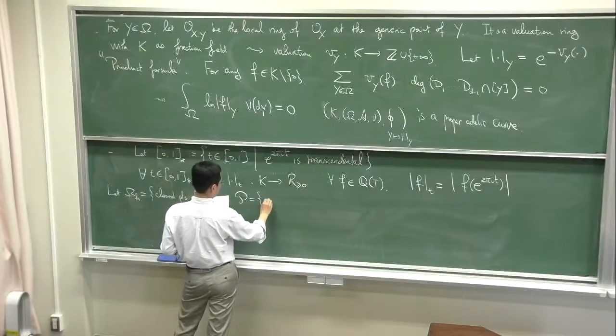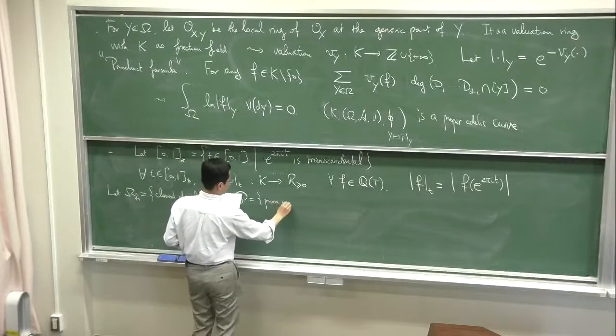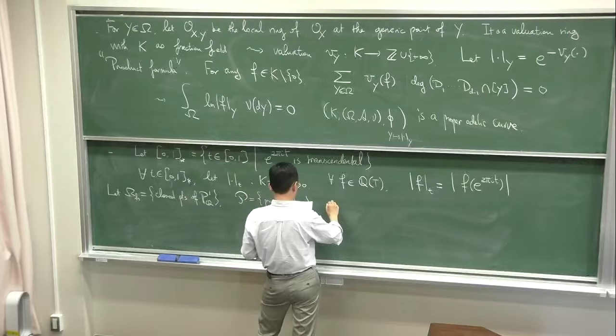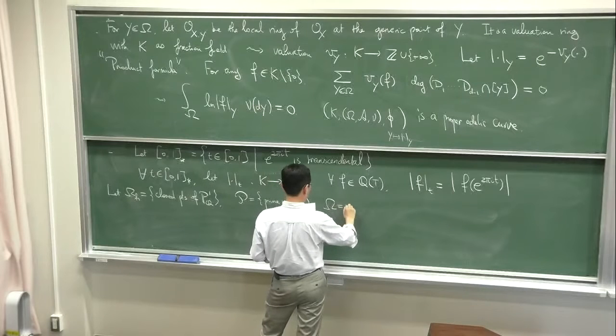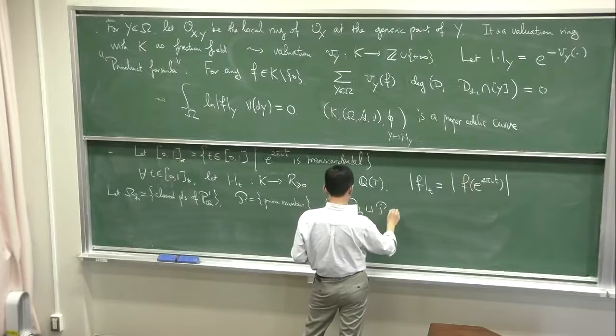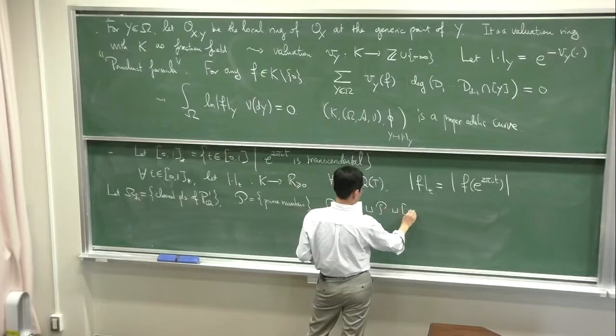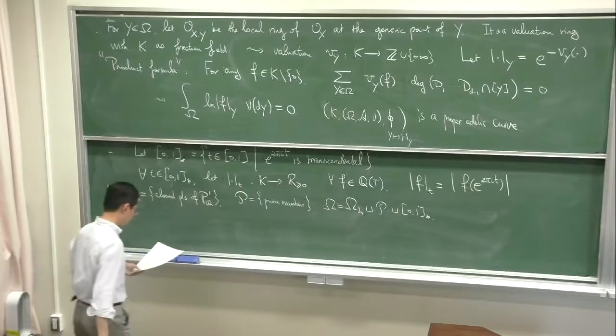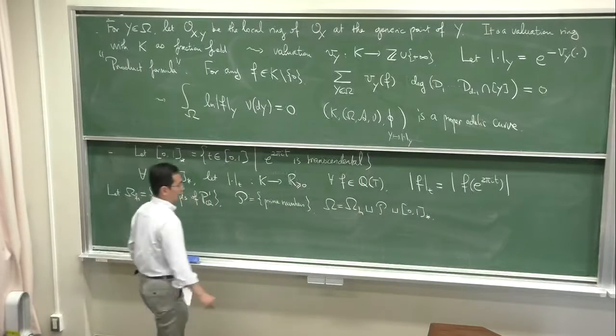So P is the set of prime numbers. And Omega is Omega_H disjoint union P, disjoint union (0,1)*.